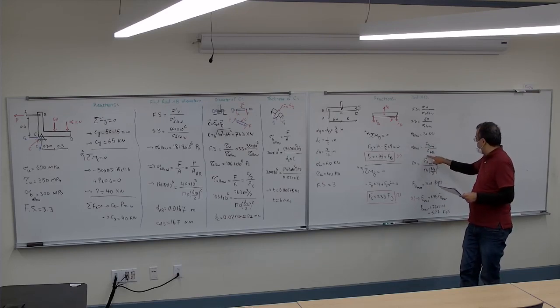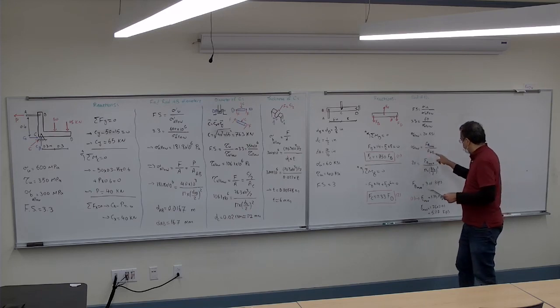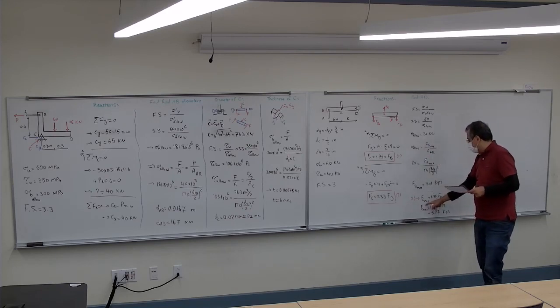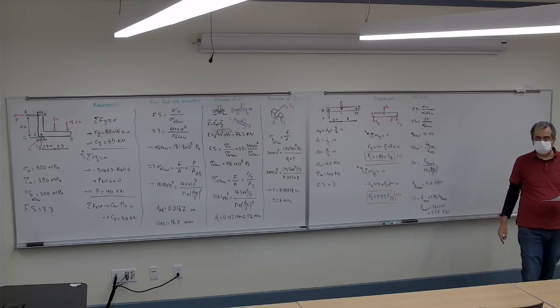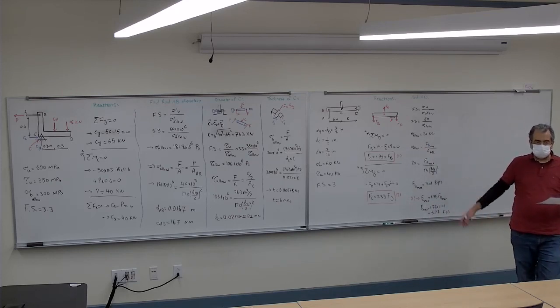And when I find how much force I can put on the AB before it breaks, then I can calculate the FC factor. Did you get the logic of what happened?